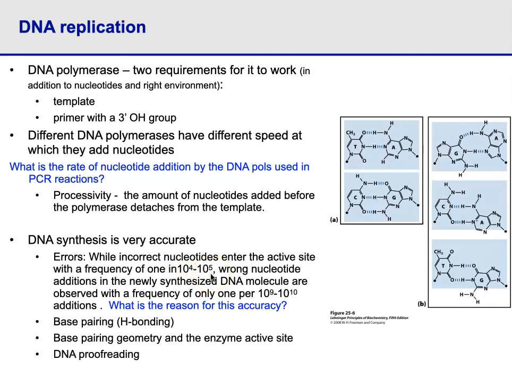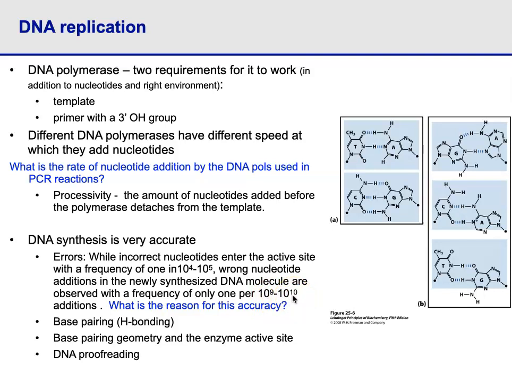In other words, for every 10,000 to 100,000 nucleotides that enter the active site, we get one that enters wrongly. But wrong nucleotide additions in the newly synthesized DNA molecule are observed with a frequency of only 10 to the 9th, 10 to the 10th. That's 1 in a billion, 1 in 10 billion.